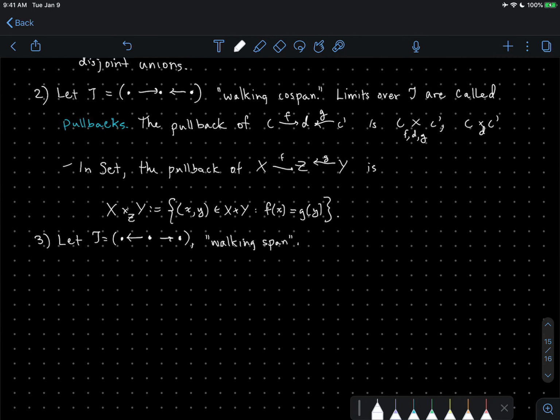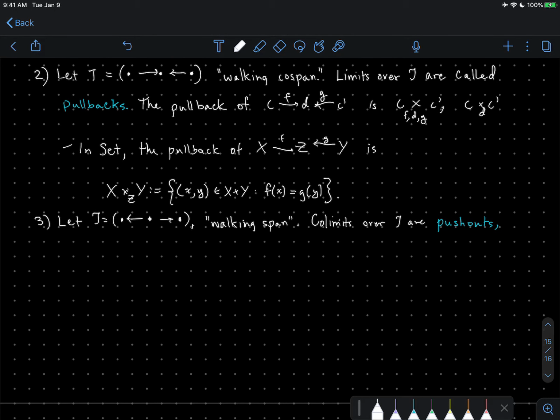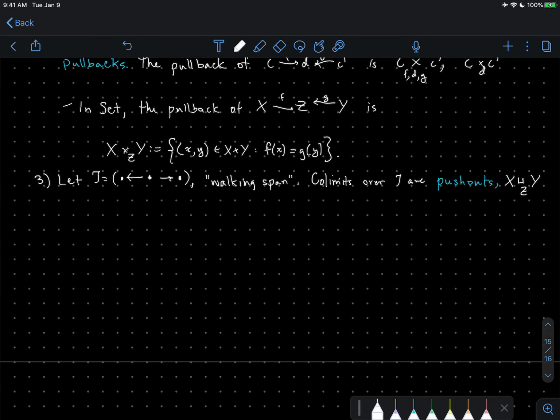So colimits of spans are called pushouts. And these are written X square cup over Z Y, or whatever.